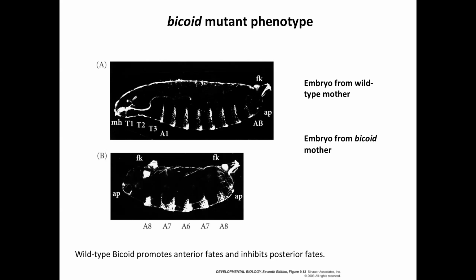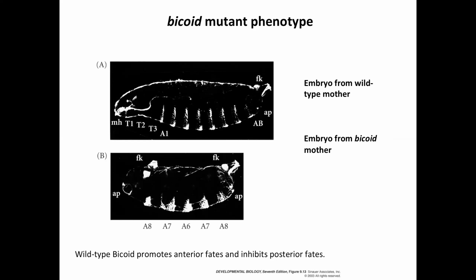So if you have a bicoid mutant fly, it will develop fine. But if you take that mutant fly for bicoid and examine its subsequent progenies, they don't develop fine.